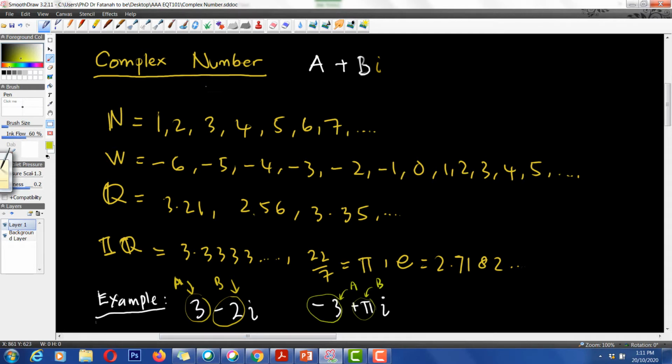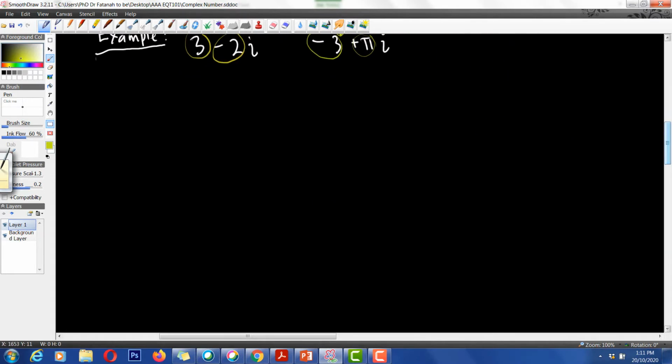So this is a complex number, which is a bigger field of our study than natural numbers, whole numbers, and real numbers. I can illustrate here. Before, we studied natural numbers: 1, 2, 3, and so on. Then we learned about negative 1, negative 2, 0, 1, 2, 3, and so on to infinity.